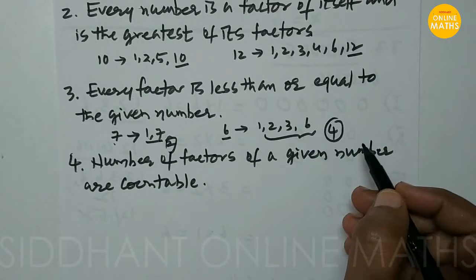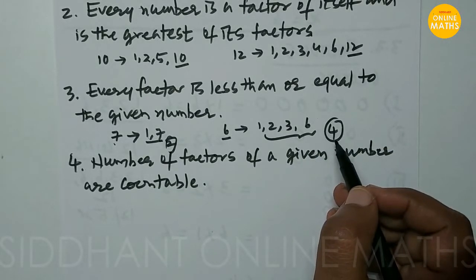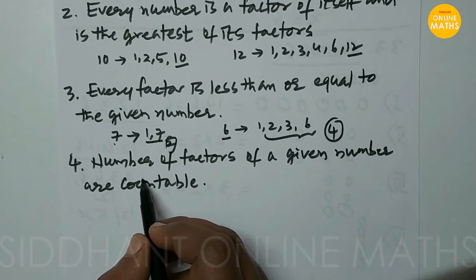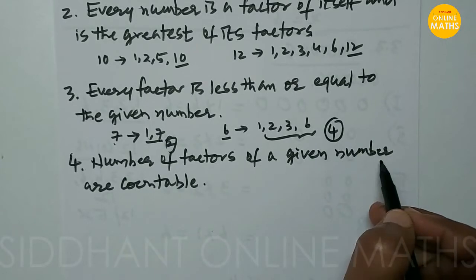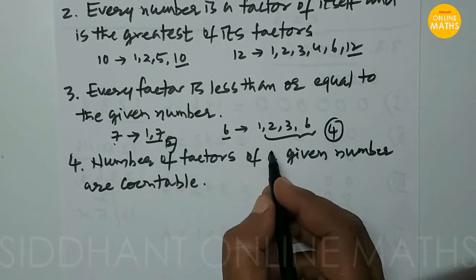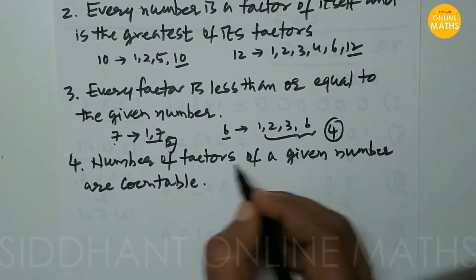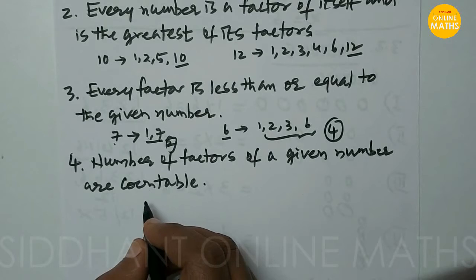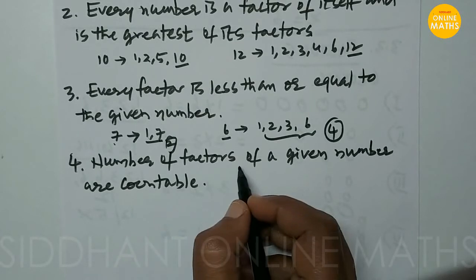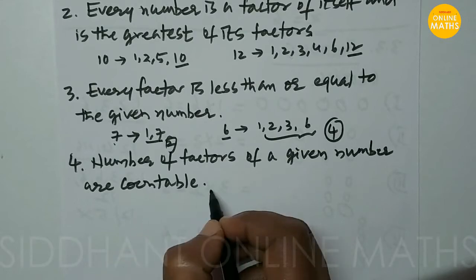So it is countable. That is the meaning of the fourth statement: the number of factors of the given number are countable. So whatever number you see here, you get the factors, and you can count the factors. That's why we say the number of factors are countable here.